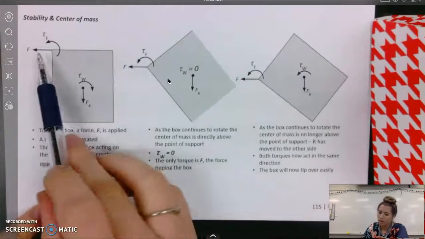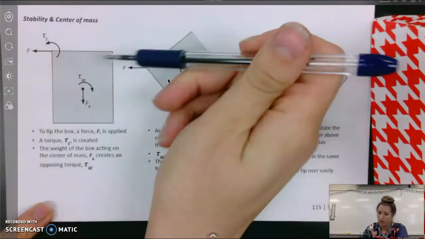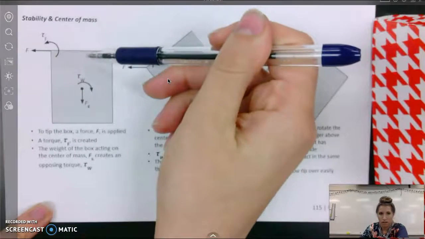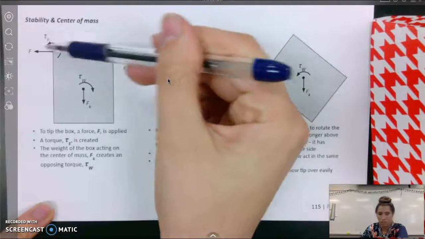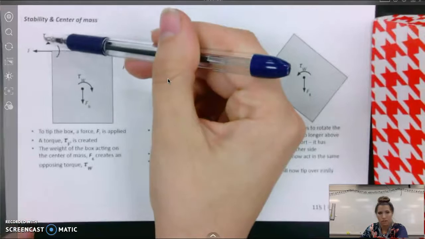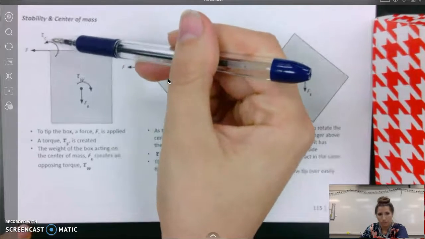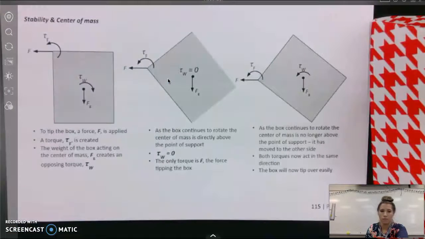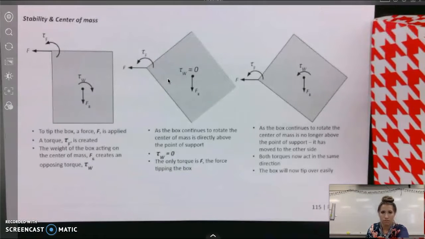So if I apply a force, like I push on the box, that force is going to create a torque. We are some distance away from the point of rotation. The force is being applied and it's causing a torque, and so it's going to cause it to rotate.